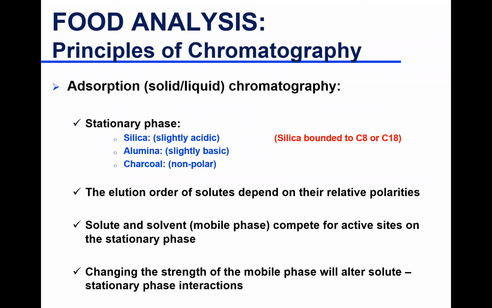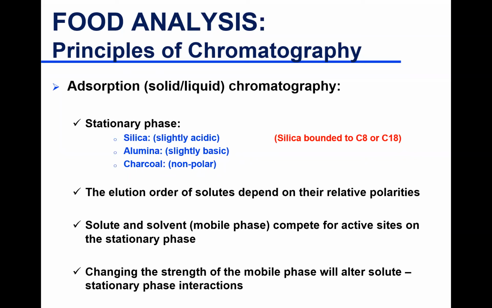So you can get the silica but bonded to different types of hydrocarbons, then you can have different hydrophilicity and hydrophobicity or polarity. So if you have bonded to C8 versus C18, or sometimes we have C30. So the longer the hydrocarbon, the more it is hydrophobic. So it would be less polar.